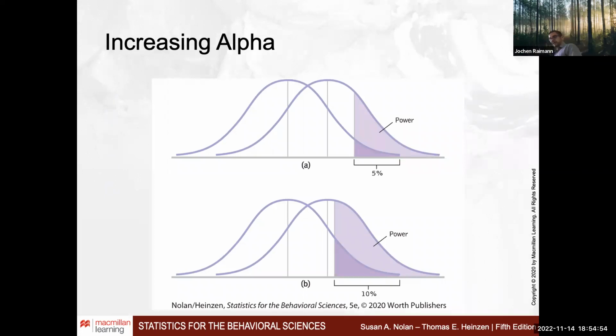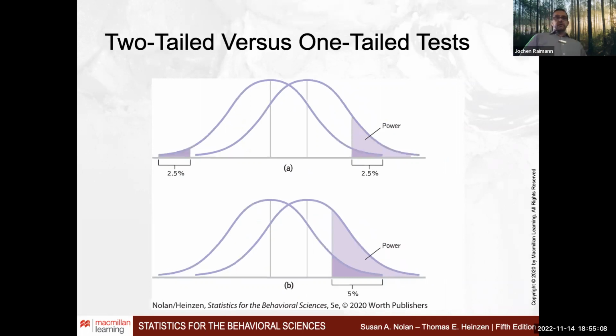So if you increase your alpha, you're increasing the region of acceptable type 1 error. So you're increasing this non-overlapping error as compared to the 5% alpha. If you shift from a two-tailed to a one-tailed hypothesis, following your overall hypothesis in your study, you do the same thing.